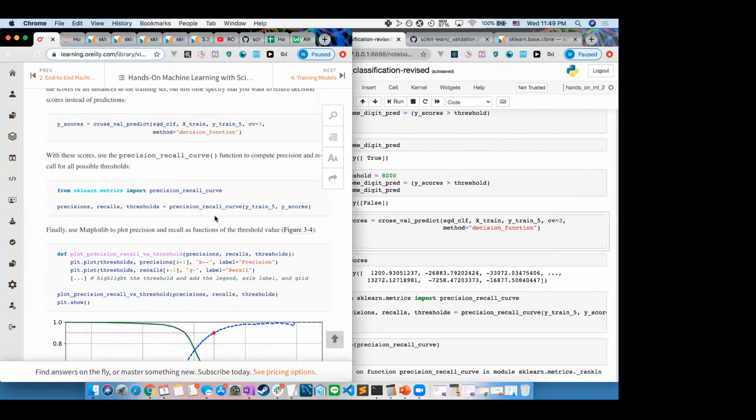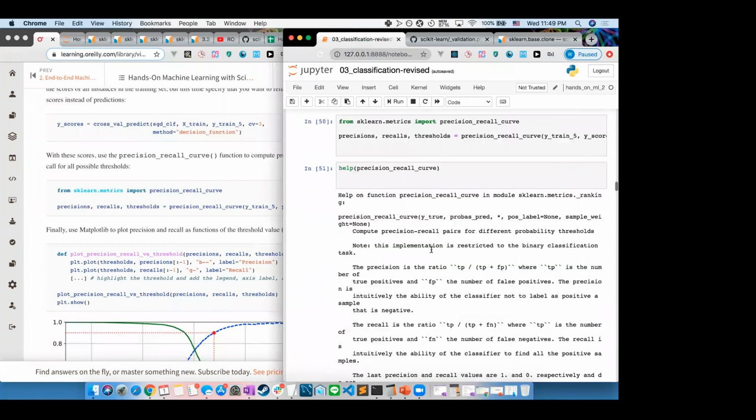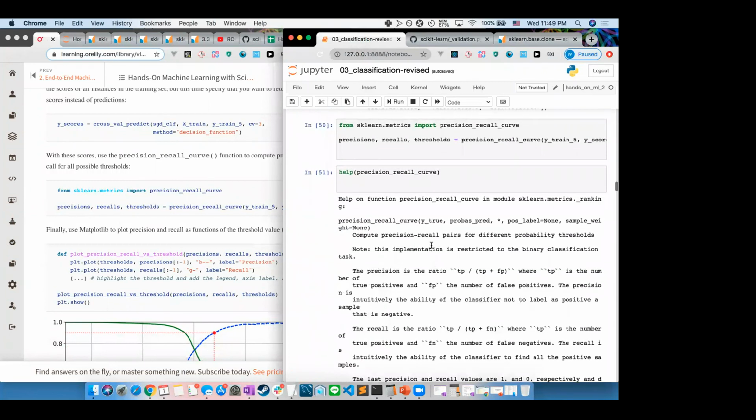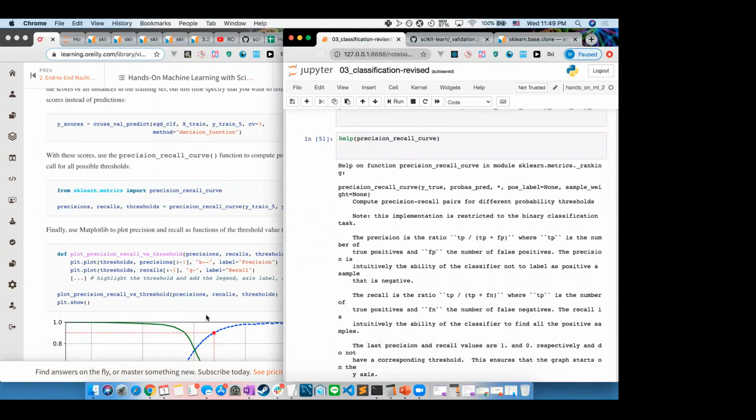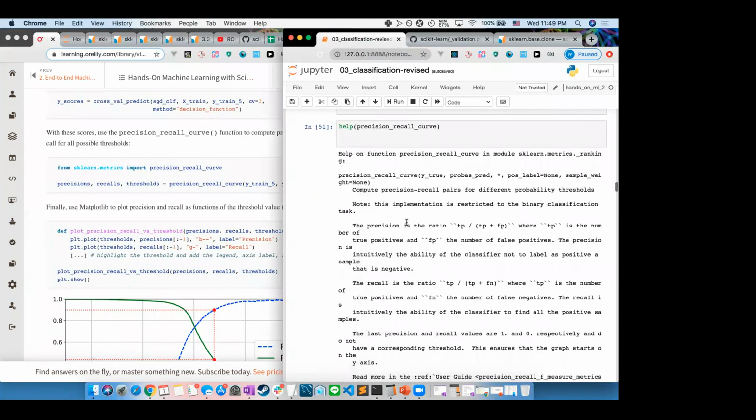Basically, now you call the precision recall curve function right after that, and this is the precision recall curve. It computes all the pairs you need for different probability thresholds.